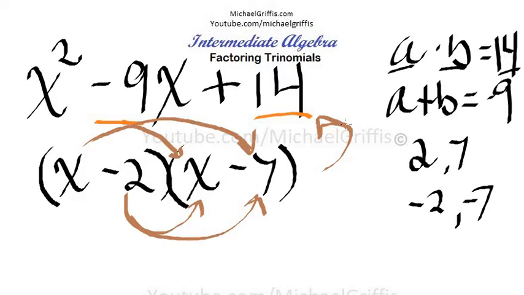We have x times x, that's x squared, and minus 7x minus 2x, which when added together is negative 9x, and negative 2 times negative 7 is positive 14, so there you go. Okay, so this over here on the right is where sometimes the trial and error is, and that's just the way we're learning it right now.